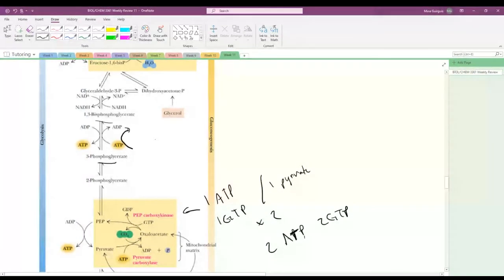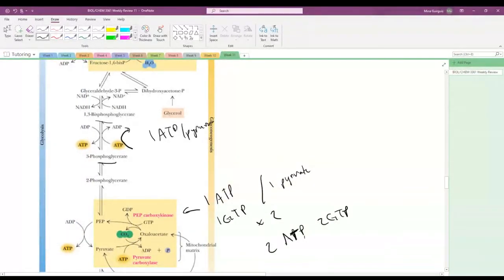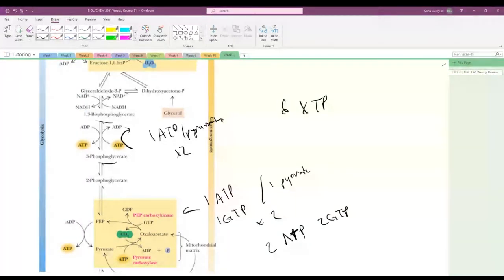We use 1 more ATP, and that's per pyruvate, so we double it. So times 2. So we end up using the equivalent of 6 NTP, so ATP, GTP, whatever it is. Okay. The use of these 6 makes gluconeogenesis overall exergonic.